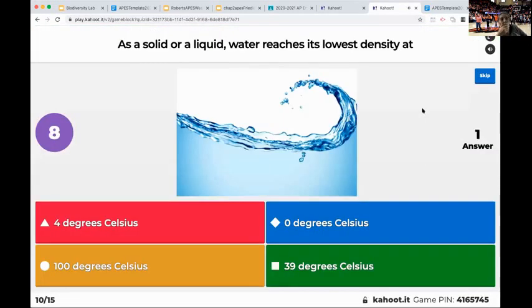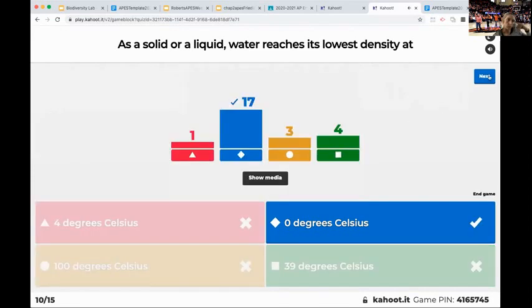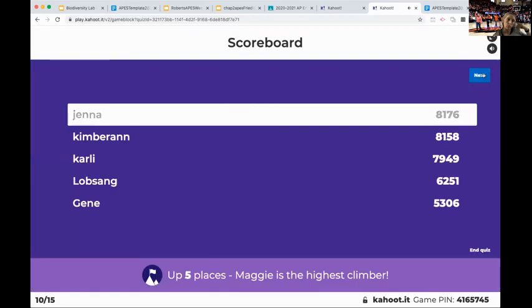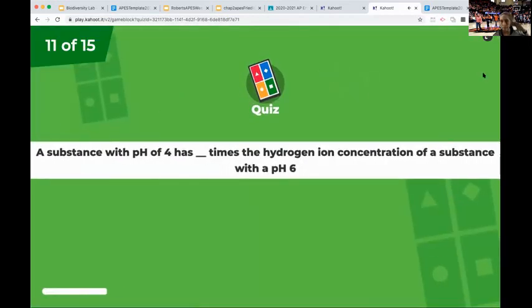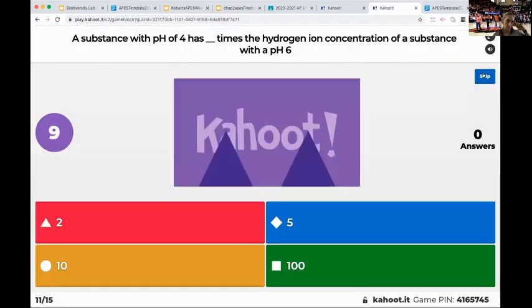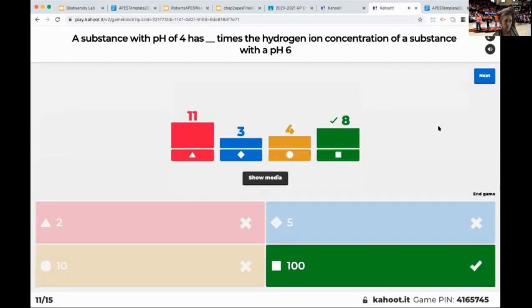Water to itself. So pH scales are logarithmic, so it's 10 times 10.